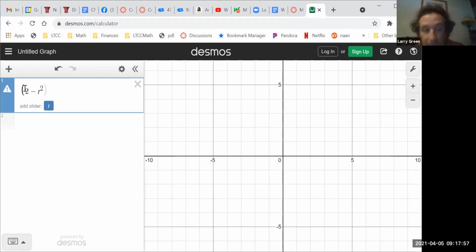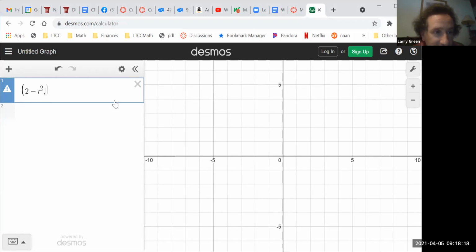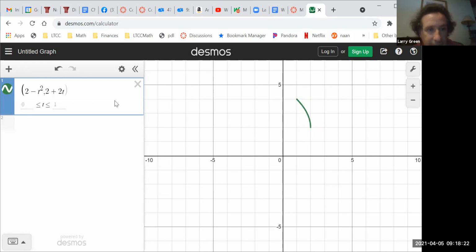And then you put a comma, and then you put the y coordinate. So it's like x and y coordinates, but each coordinate is a function. I think they've done a pretty good job. I think that isn't too evil. So now I'm going to put in 2 plus t squared.